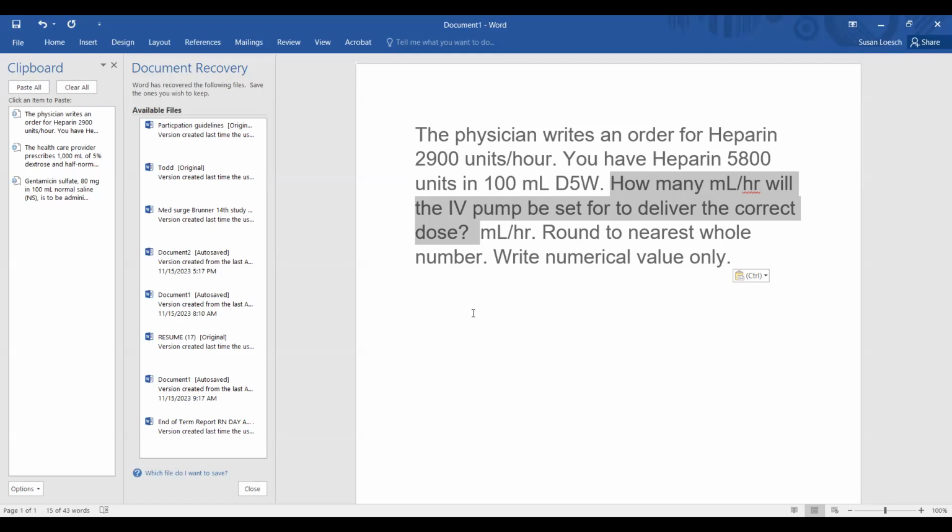So your desired dose is 2,900 units per hour. And what you have on hand is 5,800 units in 100 ml, right? Okay, so now let's go to the board, and it's just going to be desired over half.